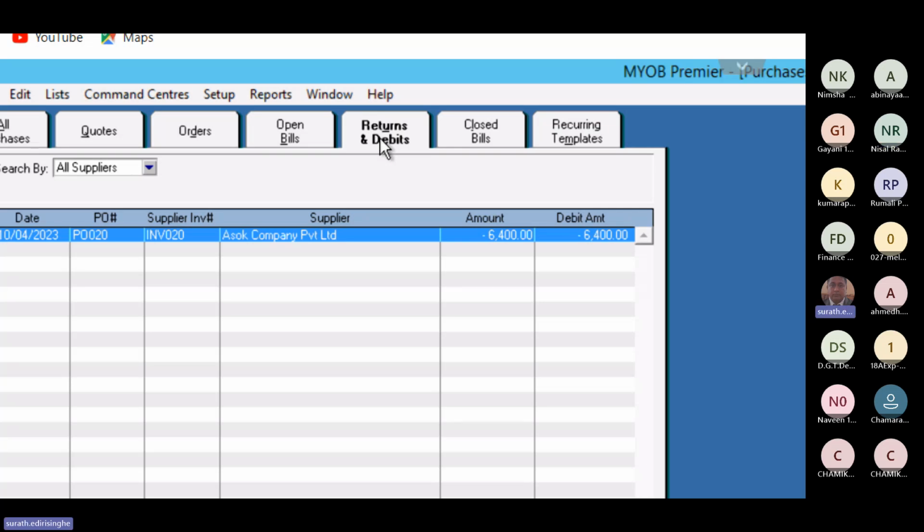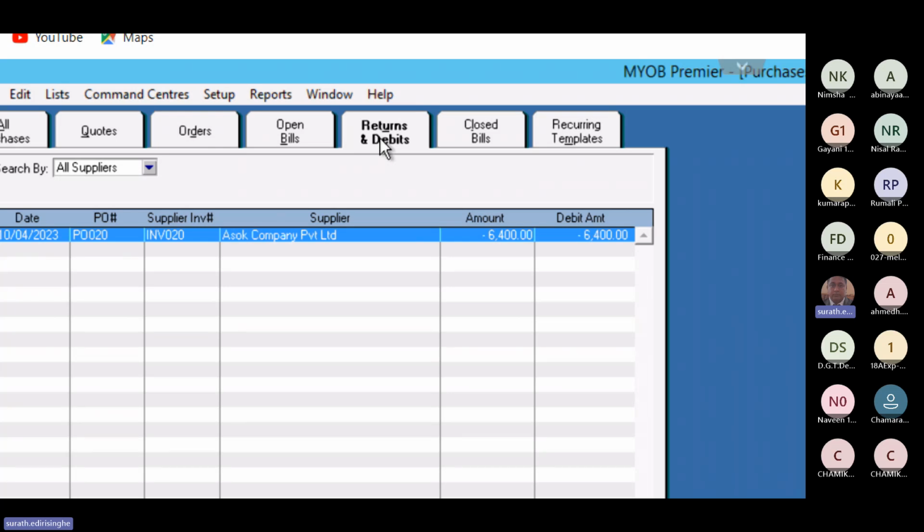Right. Now, the problem is that, listen very carefully, this is the full accounting transaction. So now the available stock, we return to our supplier. But when you purchased this item, this 6,400 is in our purchase.